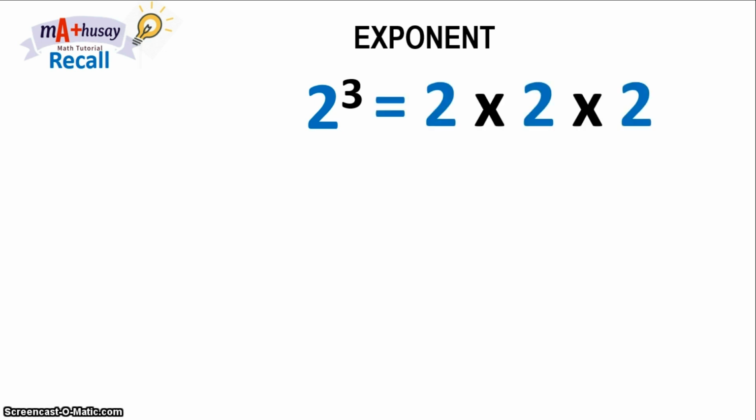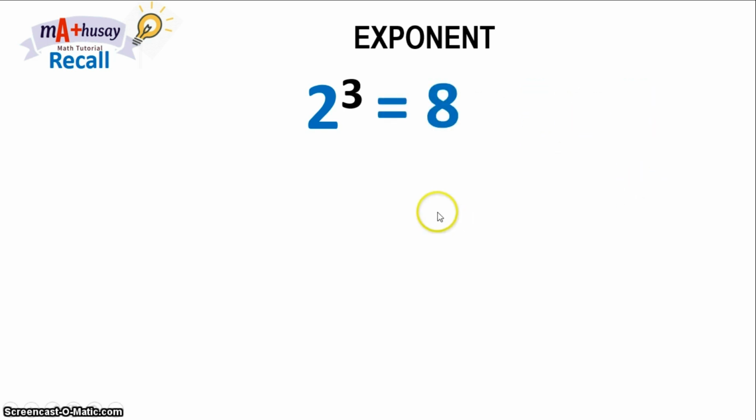So in this case, since yung base natin ay 2 at ang exponent natin ay 3, kailangan nating i-multiply yung 2 to itself 3 times. So 2 times 2 times 2, that will be 8. So ang 2 raised to 3 is equal to 8.